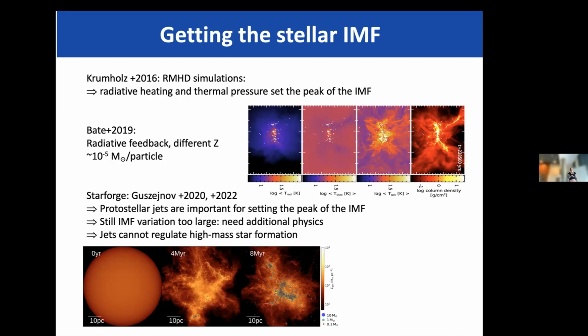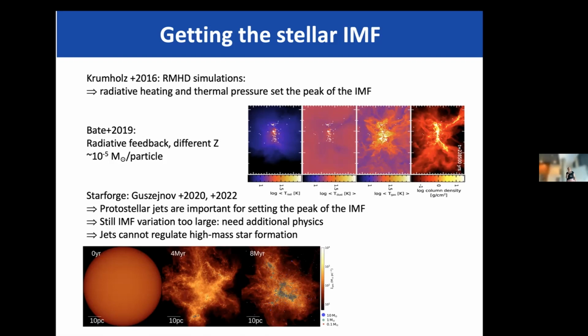And there's this nice work by the Starforge project, for example, where they look at a 500 solar mass cloud, I think, which is collapsing and forming stars with high resolution. This is with GIZMO, so it's basically modified SPH. They see that protostellar jets are very important for setting the peak of the IMF, but they point out that there's still quite a large variation in the IMF properties.